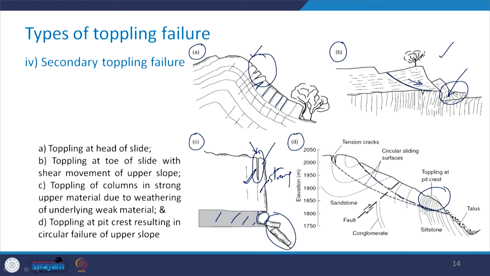This is the first one and this is the second one, and these are representing circular sliding surfaces, and these trigger when there is a toppling at the pit crest in this particular manner. We will try to see these in detail now one by one.